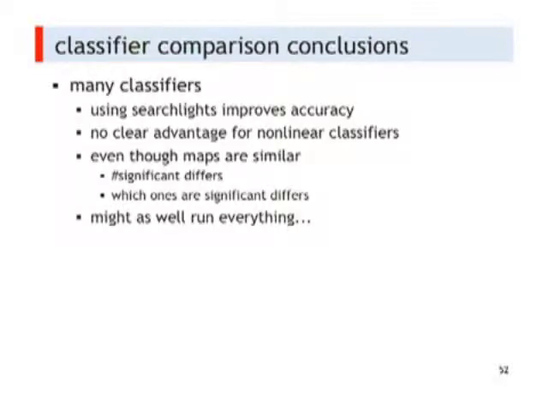So what I really wanted you to take from this was that if you really care about mapping information, yes, it pays off to use searchlights. There's no clear advantage in using a nonlinear classifier, at least in the data sets we looked at. So not just these two, we have several other multi-way classifiers and a few other two-class problems too. And even though the maps are similar, you will find different significant things.